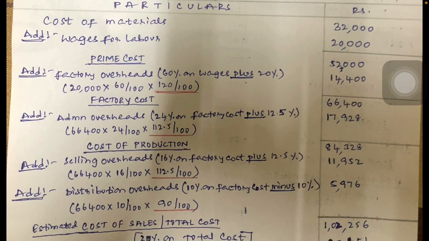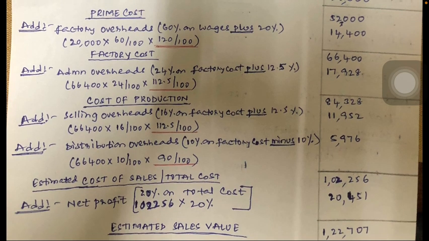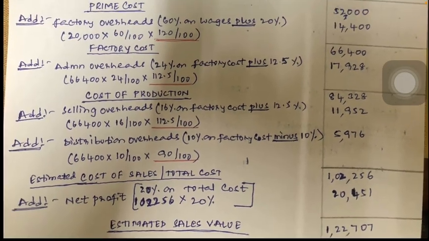Add selling overheads, which is 16% on factory cost plus 12.5%. It is also increasing by 12.5%. 66,400 into 16 by 100 into 112.5 by 100 is 11,952 selling overheads. And distribution overheads 10% on factory cost, and it is decreasing by 10%. Rate is decreasing by 10%, minus 10%. 66,400 into 10 by 100 into 90 by 100 is the distribution overheads amount 5,976.